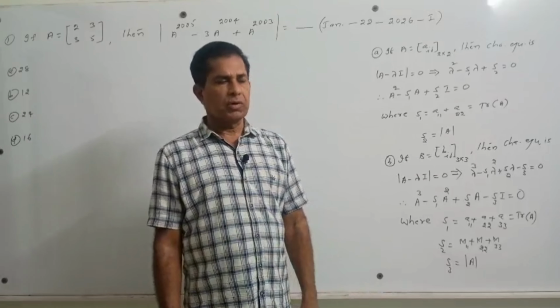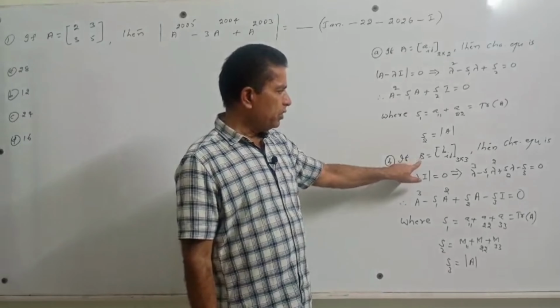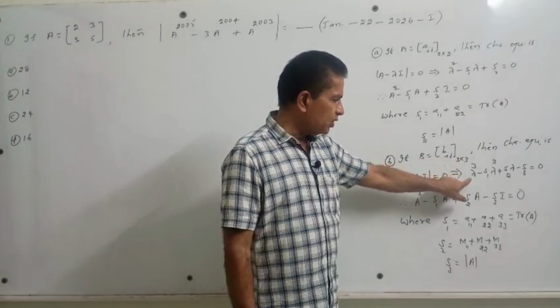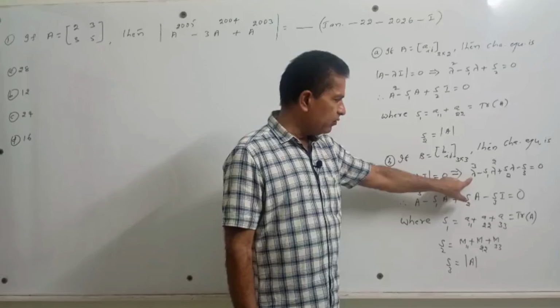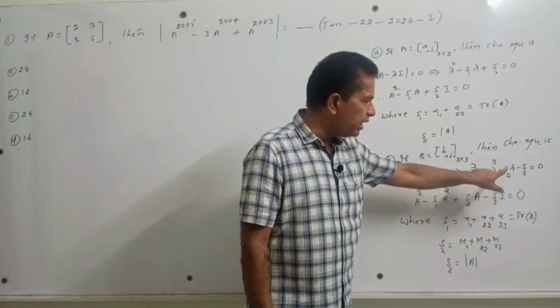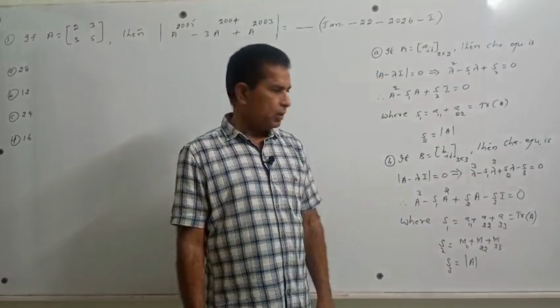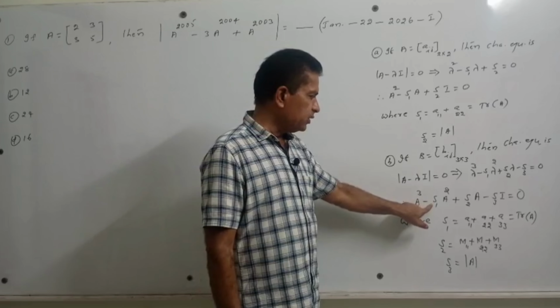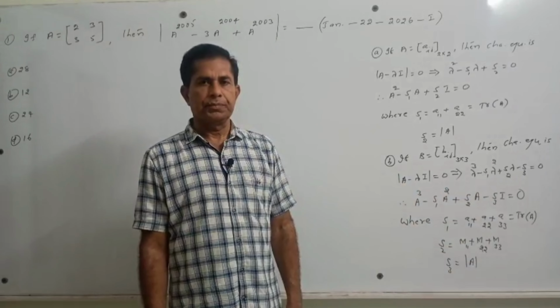Similarly, in the case of third order matrix, A is equal to Aij 3 by 3. Characteristic equation is lambda cube minus s1 into lambda square plus s2 into lambda minus s3 is equal to 0. Substituting lambda is equal to A, A cube minus s1 into A square plus s2 into A minus s3 into I is equal to null matrix.